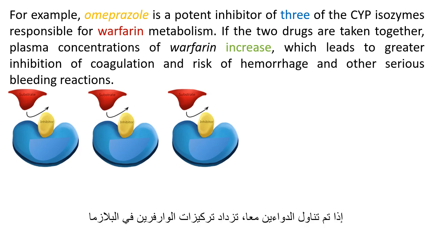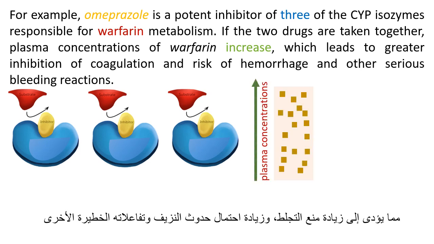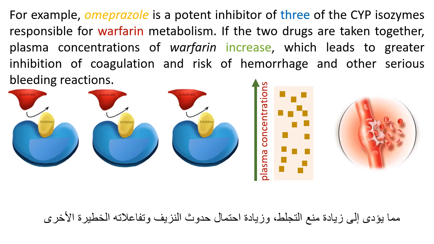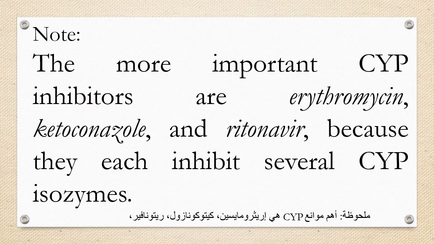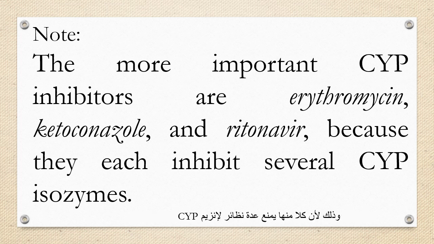If the two drugs are taken together, plasma concentrations of warfarin increase, which leads to greater inhibition of coagulation and risk of hemorrhage and other serious bleeding reactions. Note: the more important CYP inhibitors are erythromycin, ketoconazole, and ritonavir because they each inhibit several CYP isozymes.